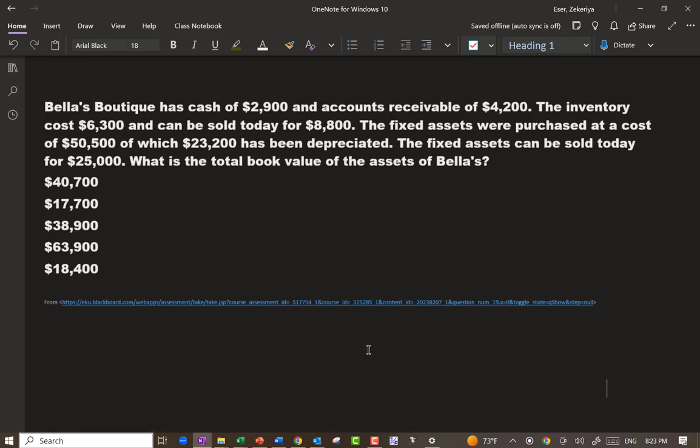Now, book value of a collection of things is the sum of the book values of each of the collection, right? Remember, assets are current assets plus net fixed assets, right? So current assets: cash plus inventory plus accounts receivable.